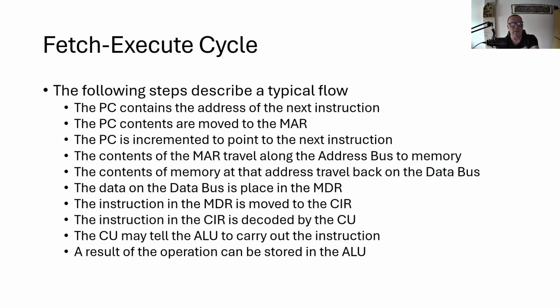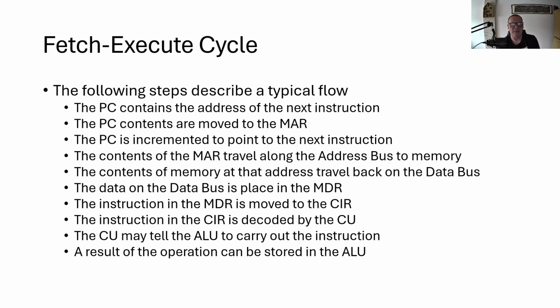So in a little bit more detail with registers, we can look at the cycle like this. The very first thing we typically do, in the middle of the cycle, is look at the program counter for the next stage of this continuous cycle. The program counter contains the address of the next instruction.